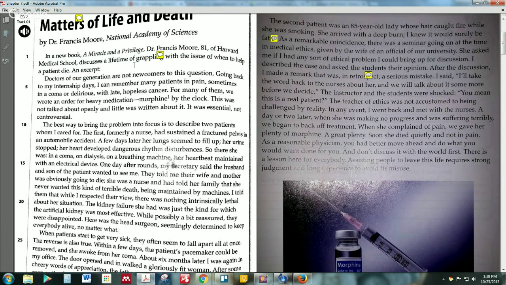Basically, there's a beginning, 2 main examples, and then a final comment. And so to me, that seems like it's more like a section. And you see here, to support my idea, this says an excerpt. An excerpt means a piece.